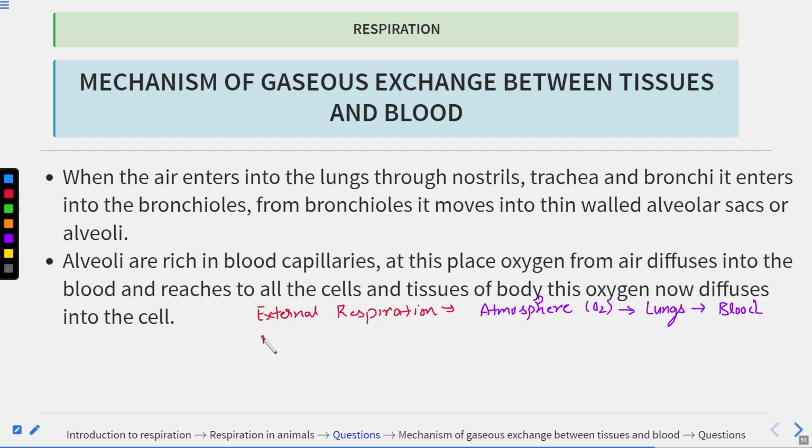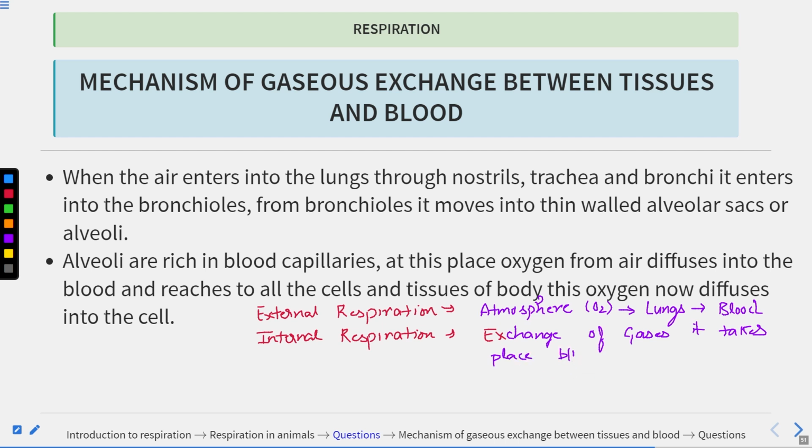Next was the internal respiration. What happens during internal respiration? Here the exchange of gases takes place between the blood and the tissue.